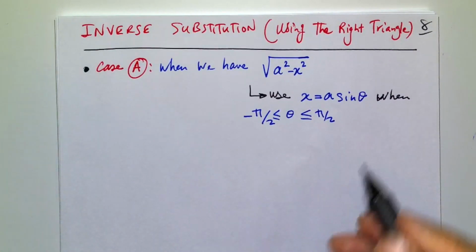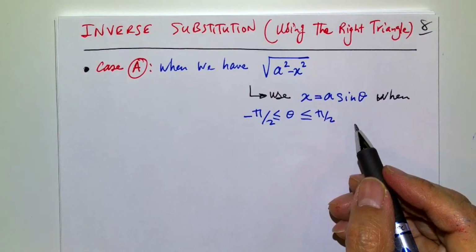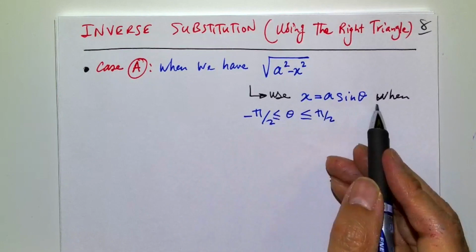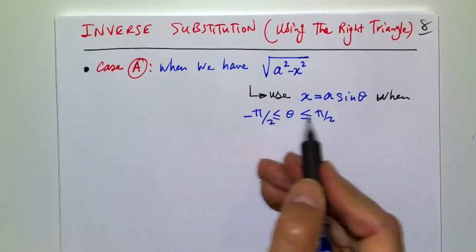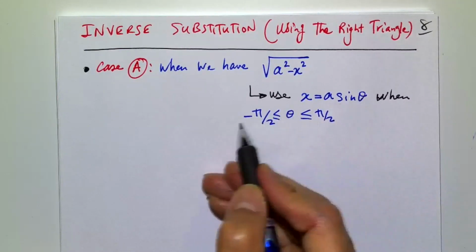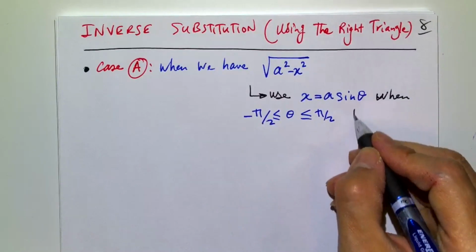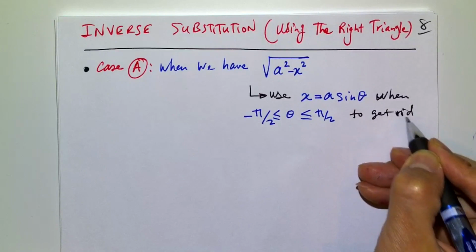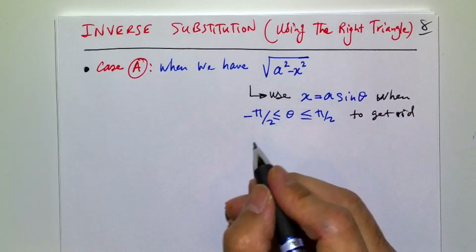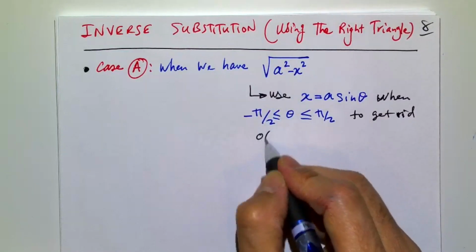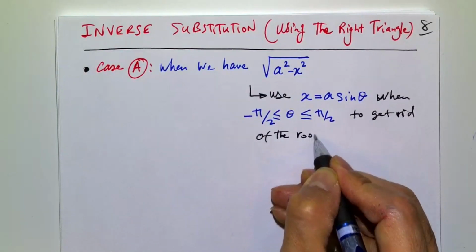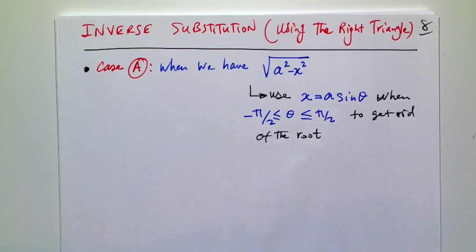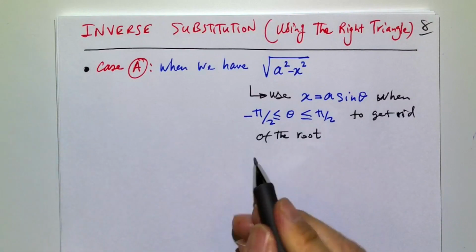As a matter of fact, let me write that down. So you use this when theta is between these two angles, in order to get rid of the root that we have.